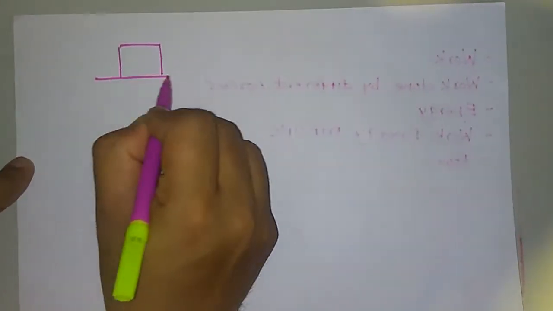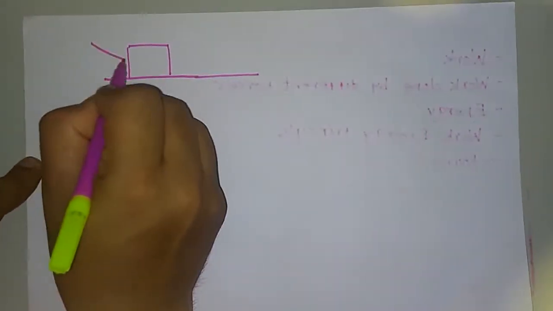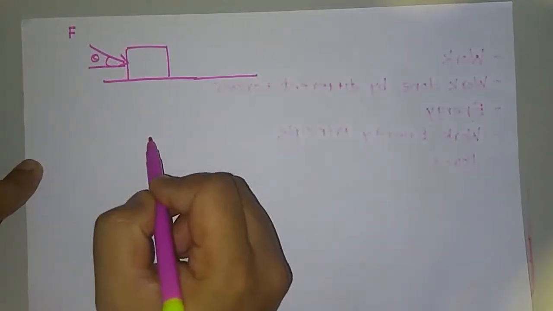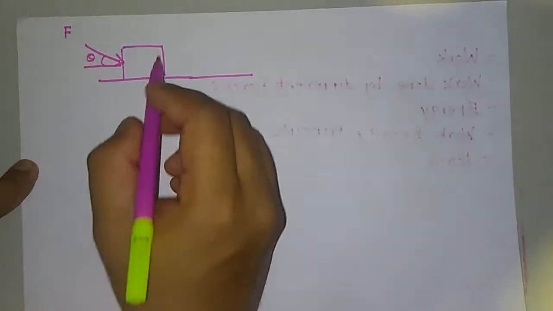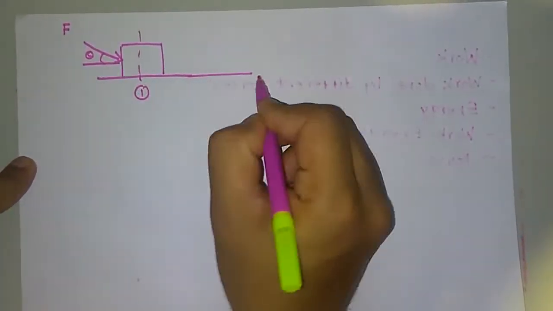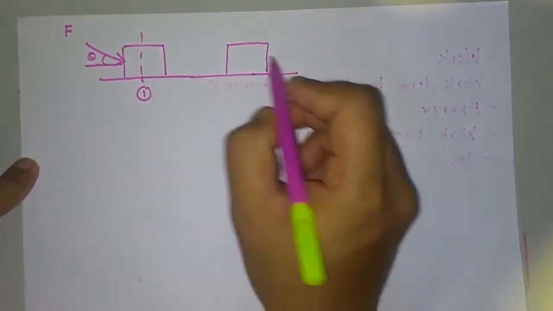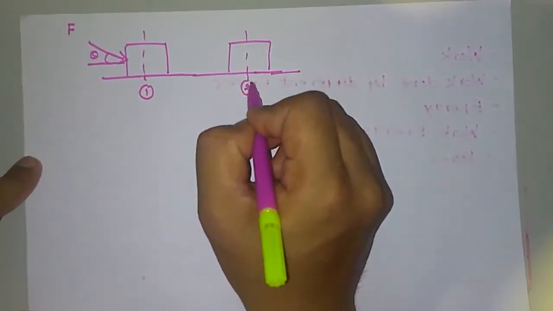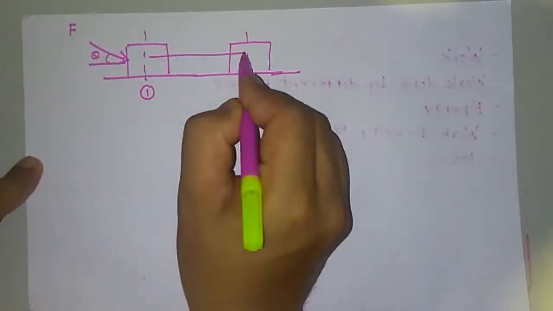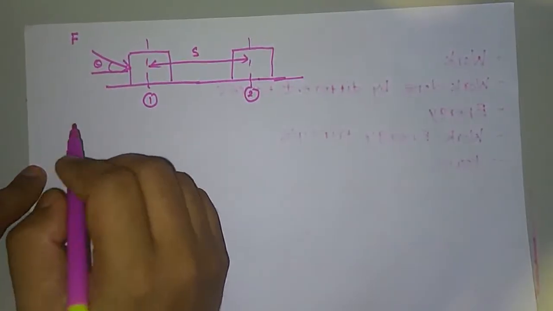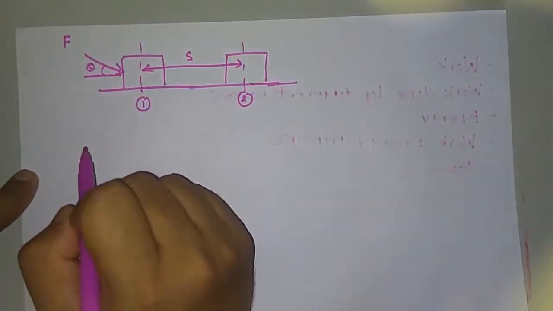Suppose an inclined force is applied to this block, let's suppose this force F, which is inclined at theta to the horizontal. Now this is the first position. Due to the application of this force, this block gets displaced to the position 2, and let's suppose this displacement is S. Now what is work done in this situation?